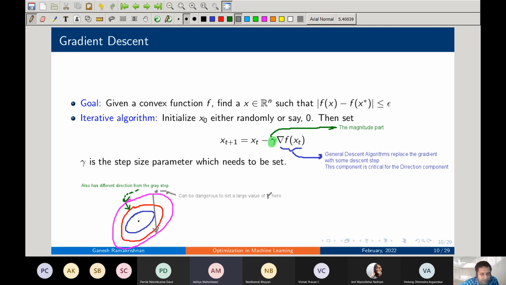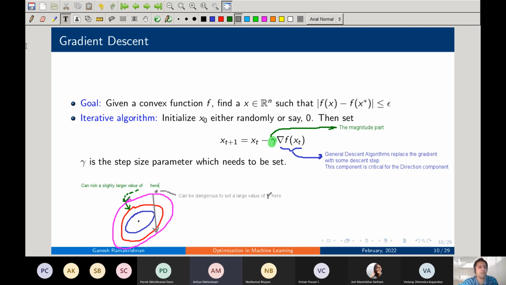The reason this direction is not good is because it's moving away from the point of minimum. It doesn't seem to be arriving at that gray point, right? At the gray iterate. Okay, so our comment here is, yeah, you can risk a slightly larger value of gamma here.